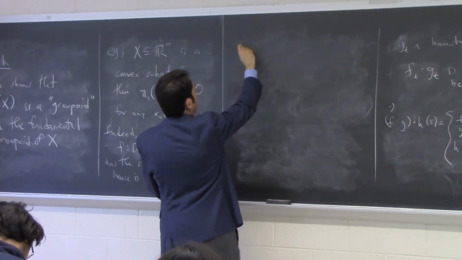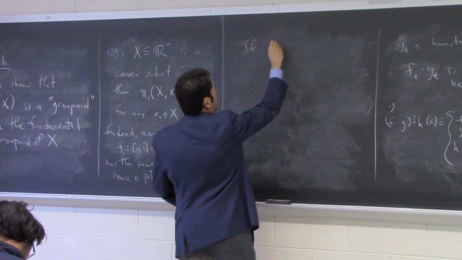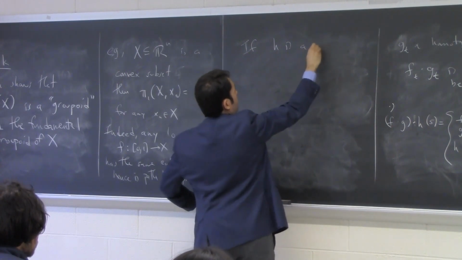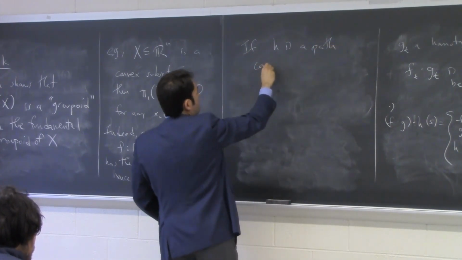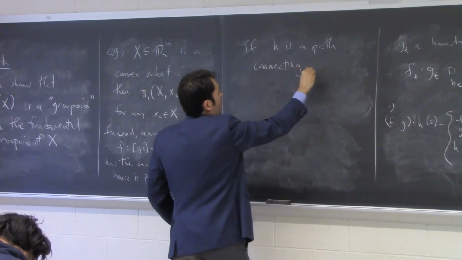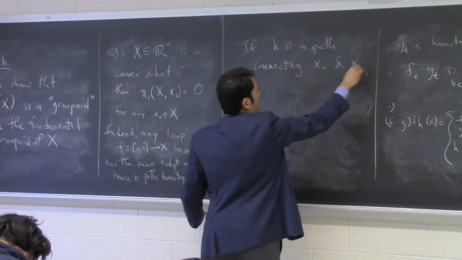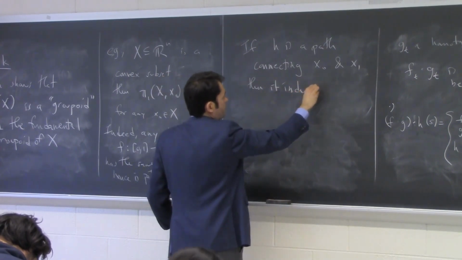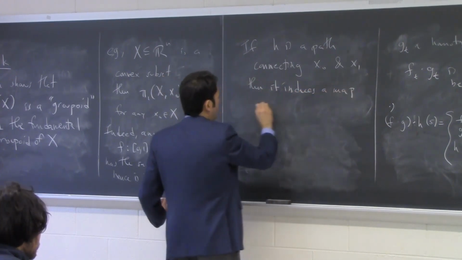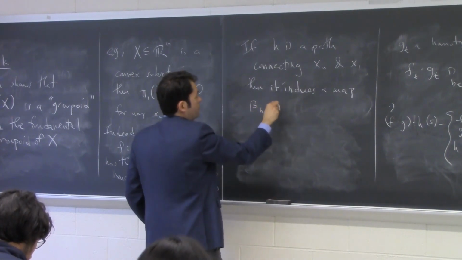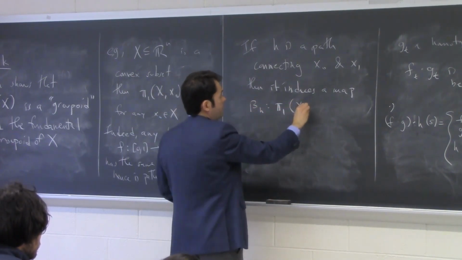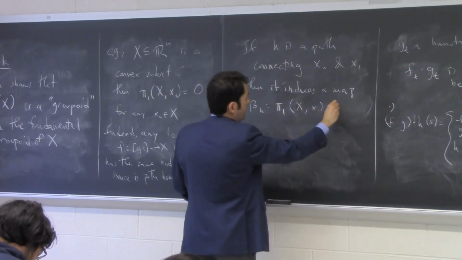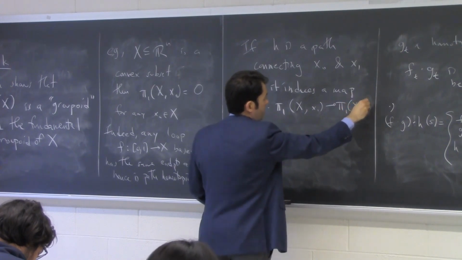So if H is a path connecting x0, x1, then it induces a map, let's call it beta H, from pi1 of X at x1 to pi1 of X at x0.